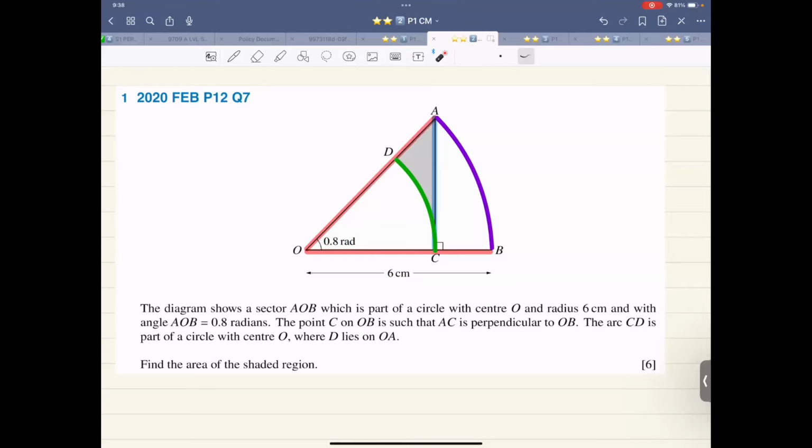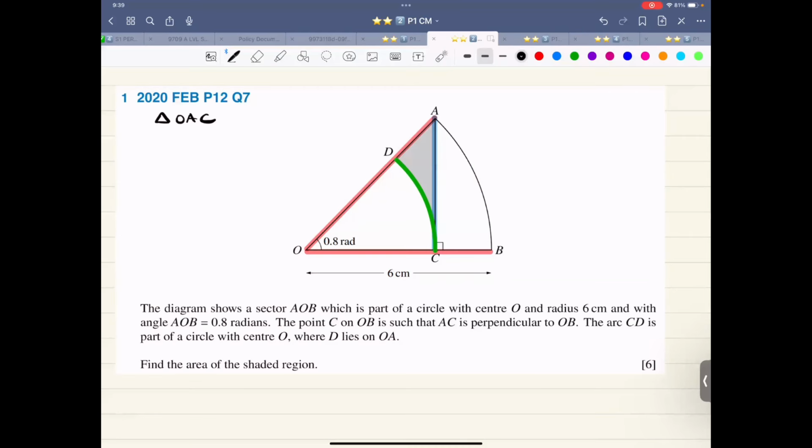I need to use sine, cos, tan, whatever is applicable. So first of all, let me remove this one. That is not needed. So focus on this triangle, triangle OAC. Let me find the height, which is AC.